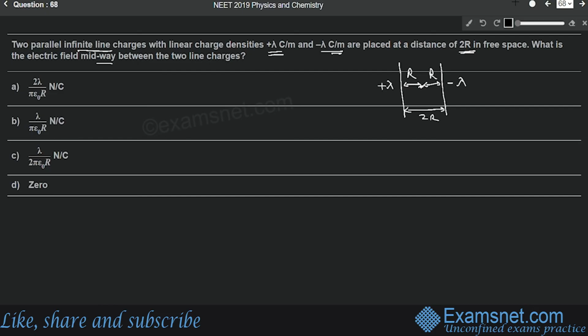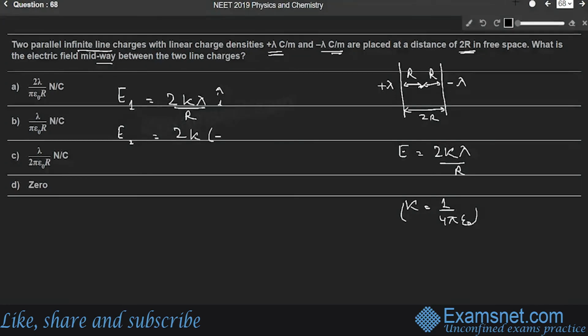Now what is the formula for electric field due to infinite line charge? It is 2k lambda by r, right? K is a constant and that is equal to 1 by 4 pi epsilon naught. Now the electric field due to the positive line charge, that means E1, will be 2k lambda by r I cap, and E2 will be 2k minus lambda minus I cap by r.